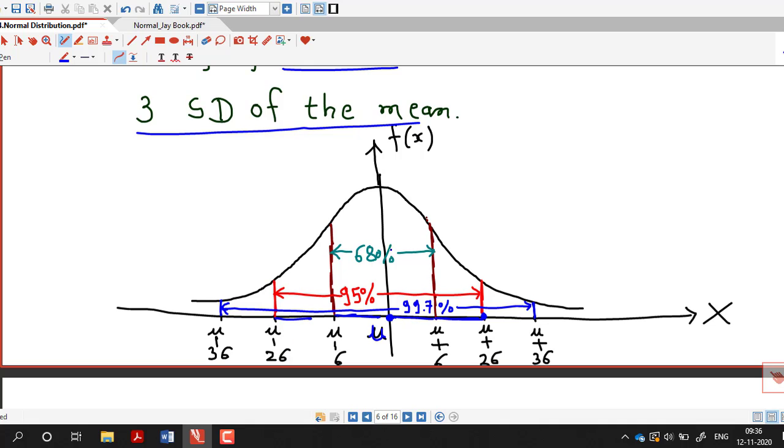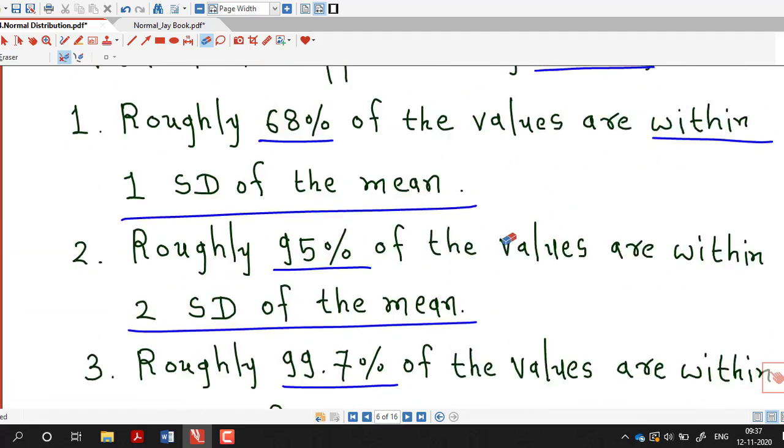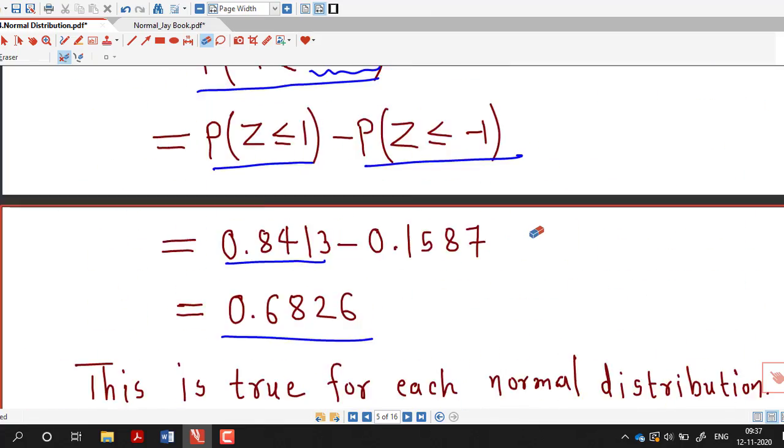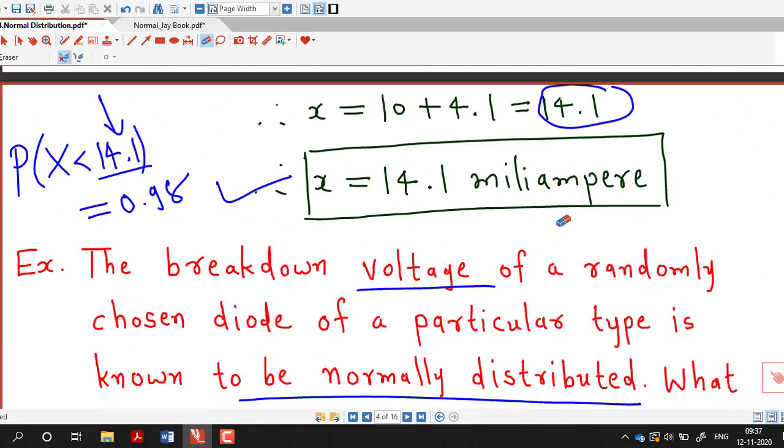So 68% of the values are in between mu minus sigma to mu plus sigma. 95% of the values are in between mu minus 2 sigma to mu plus 2 sigma, and 99.7% of the values are in between mu minus 3 sigma to mu plus 3 sigma. So in this way we can apply the normal distribution to real world problems also.